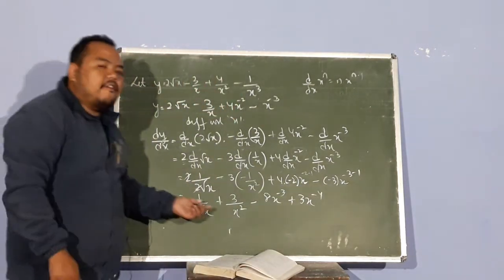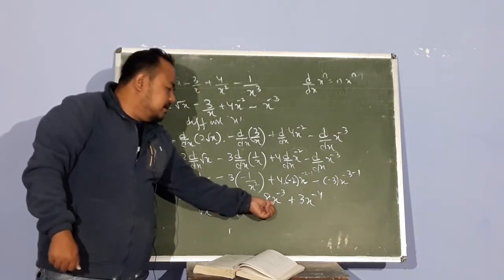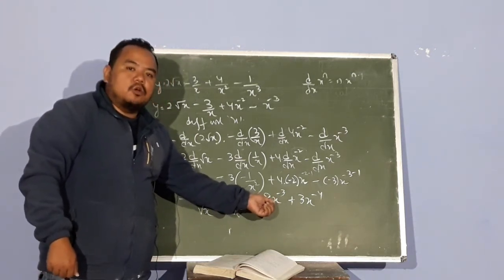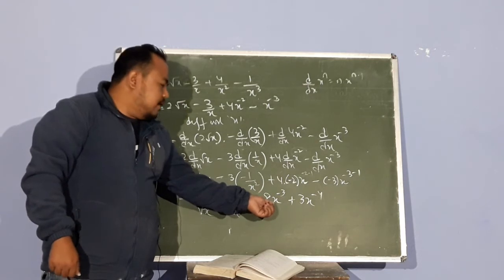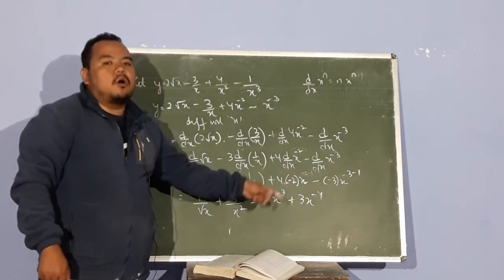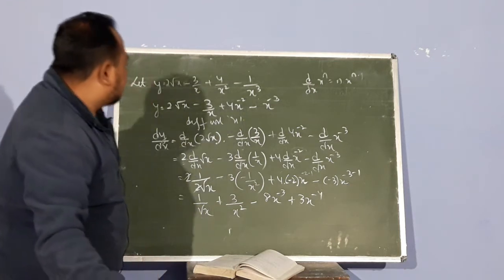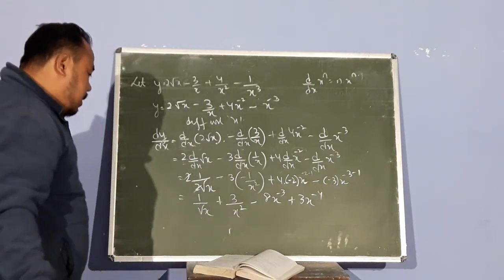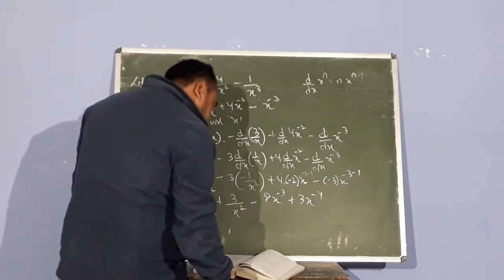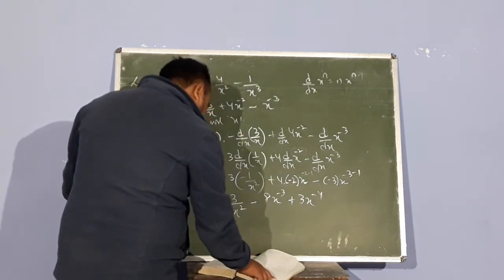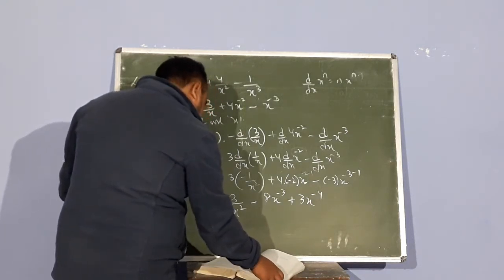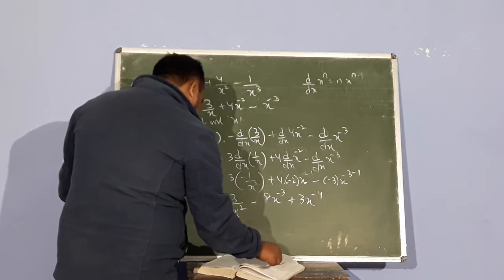You can simplify this further by making the powers positive, and in order to do that you have to take x cube in the denominator. Is that okay? So this one was question number 1, subdivision 6. In a similar way you can solve the remaining questions from question number 1.